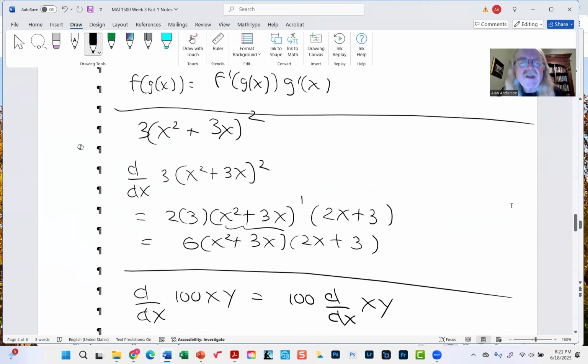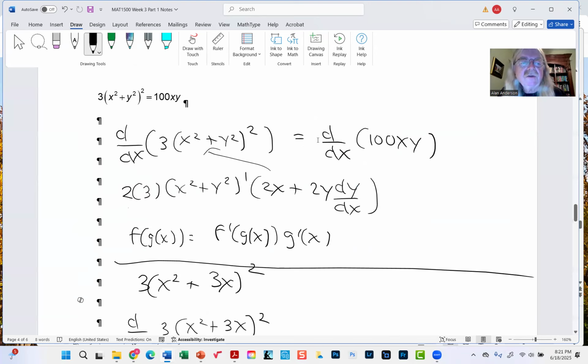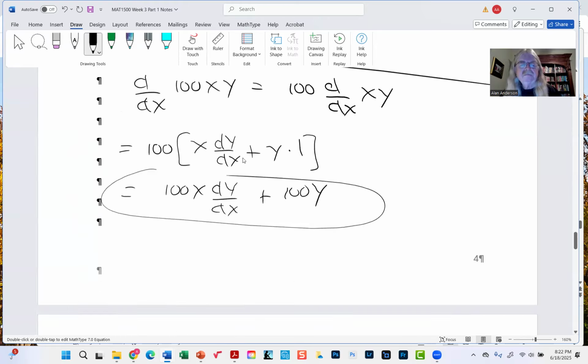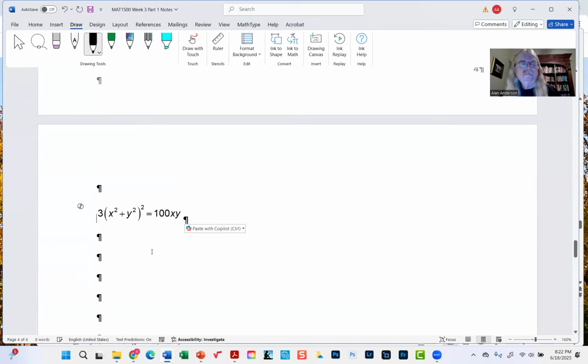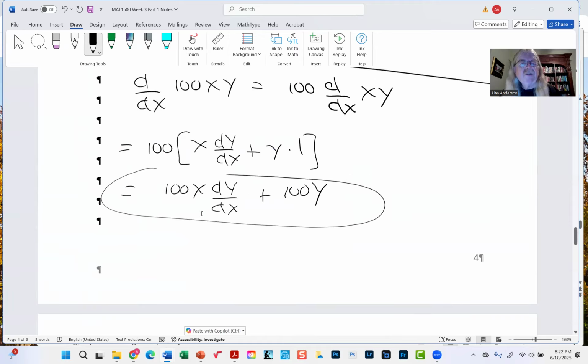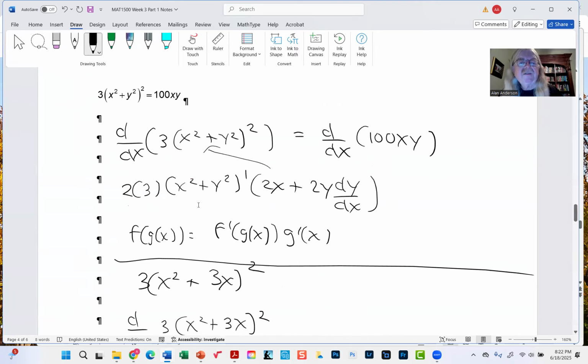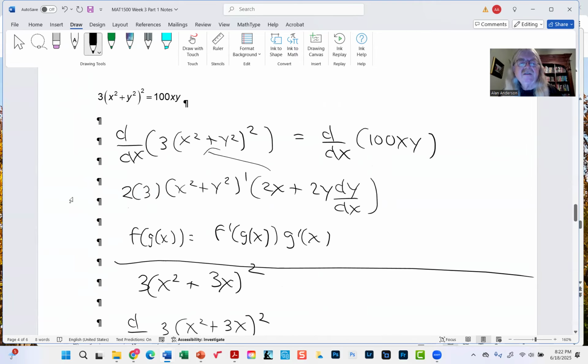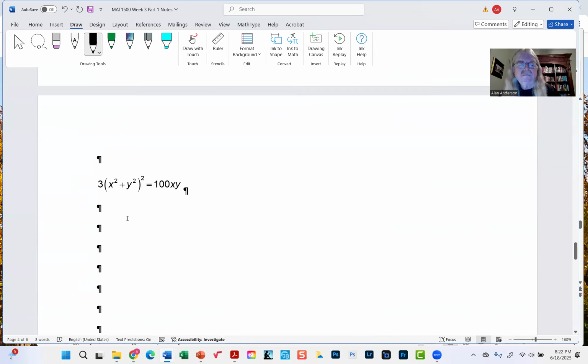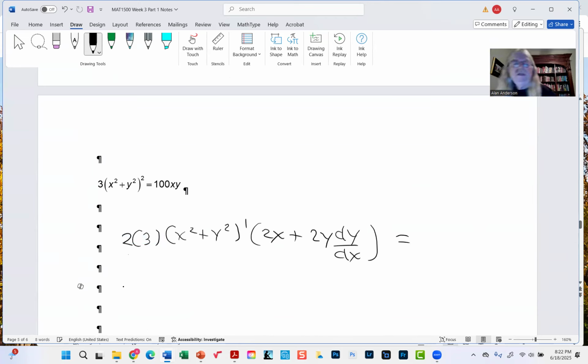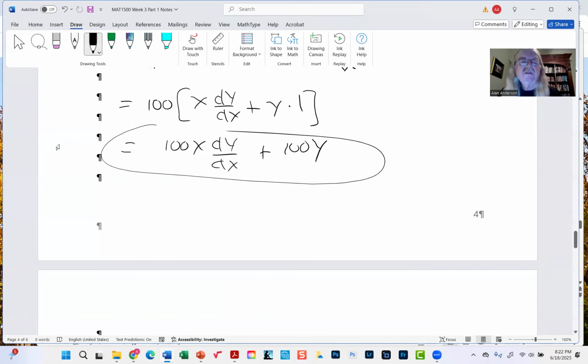Okay, so we're going to have to bring all this stuff together. So in other words, wow, look at this. So here's the original question. So when we differentiate both sides with respect to x, the left-hand side turned out to be this, and the right-hand side was this.